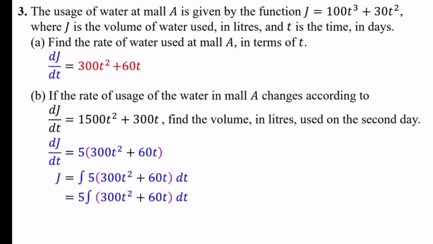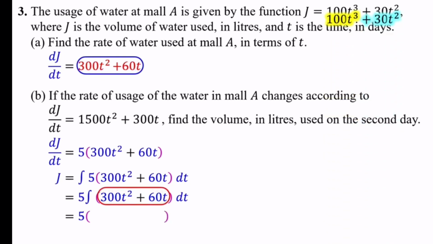You're asked to find the volume used on the second day, so we want the J. We have to integrate 5 times 300 t squared plus 60 t; the 5 we can factorize out, and we just focus on integrating 300 t squared plus 60 t.